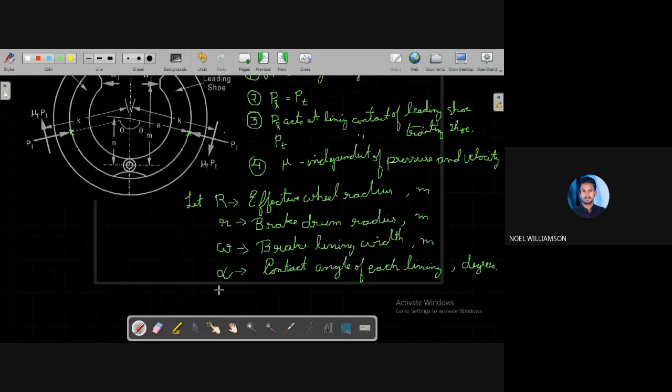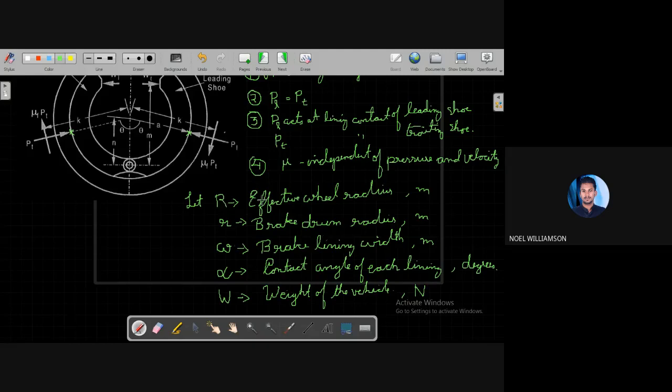And finally capital W, which is the weight of the vehicle, denoted in newtons. So these are the terms used.